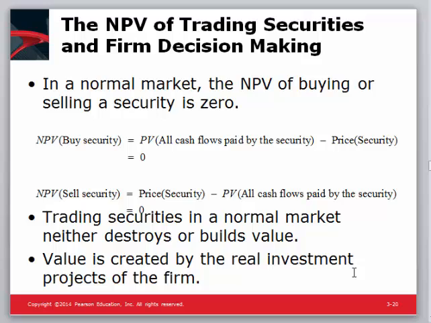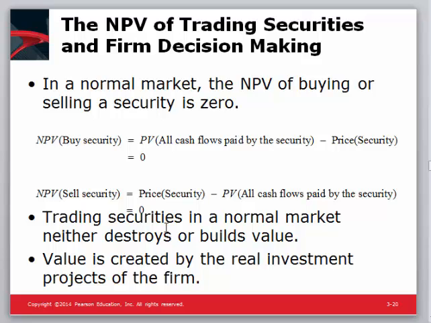So let's bring these concepts together. In a normal market, the net present value of buying and selling the security is 0. The net present value of buying a security is the present value of all the cash flows paid by the security minus the price of the security. That ultimately equals 0 in a normal competitive market. Likewise, in a selling transaction.